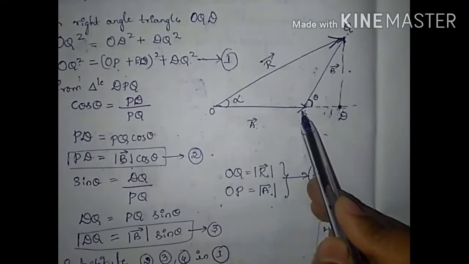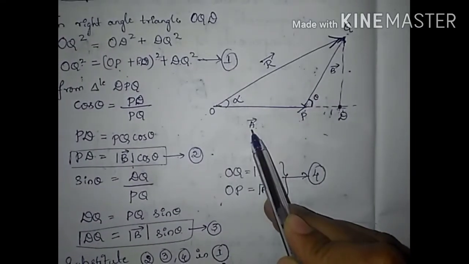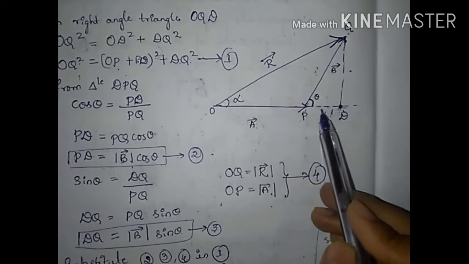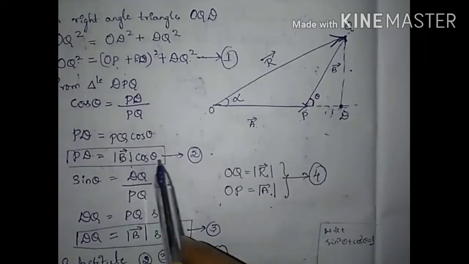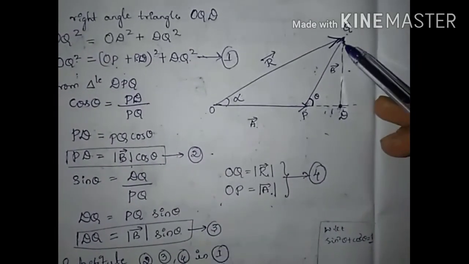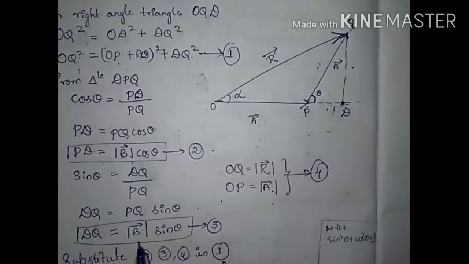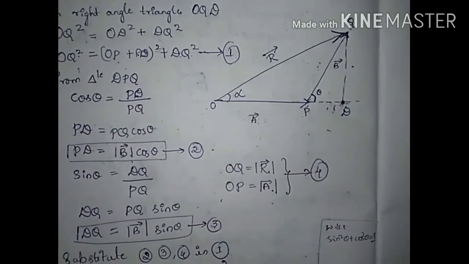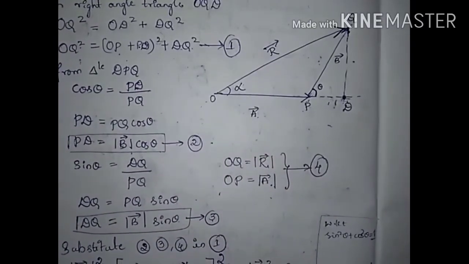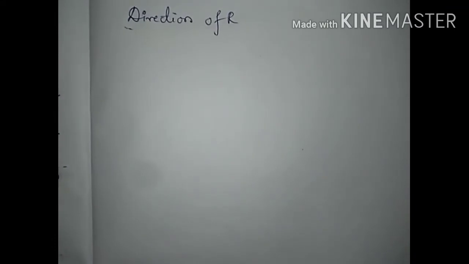OP is A, and PD we found is B cos theta. QD we also found is B sin theta. So if you substitute all this in tan alpha, you will get the direction of the resultant vector R.